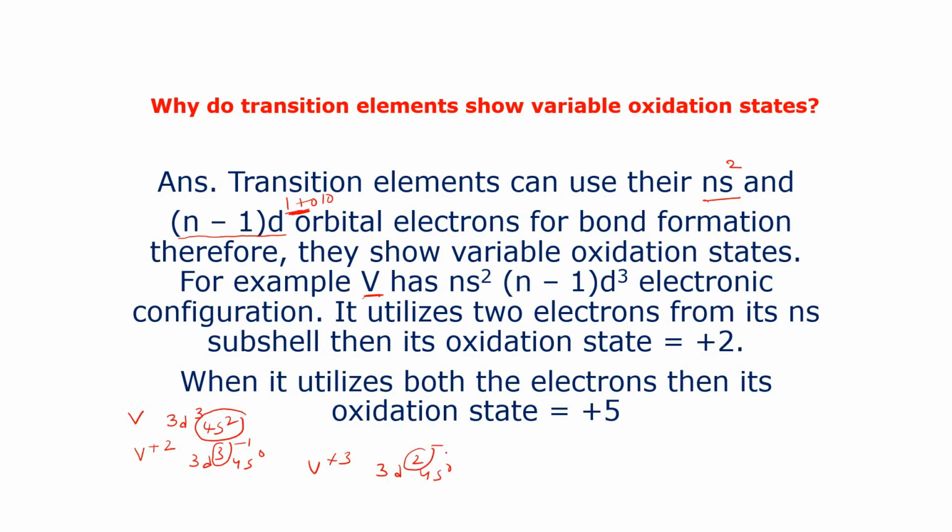Again lose one more electron, we are going to get vanadium +4, sorry, 3d1 4s0. In this way we can lose any number of electrons. So variable oxidation state is because of ns and (n-1)d orbital electrons which are undergoing bond formation.